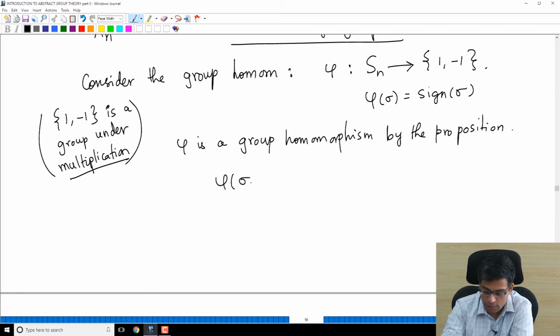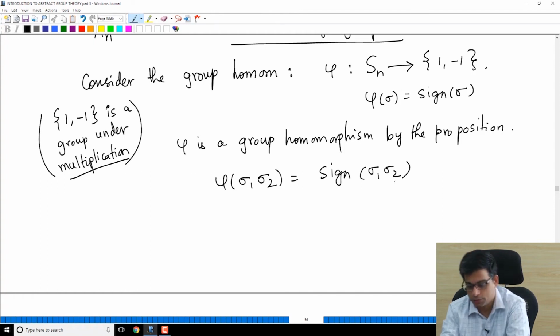Because phi of sigma 1 sigma 2, so almost by the proposition, actually we need to be careful. So what is sign of sigma 1 sigma 2? Which is another way of saying you write sigma as a product of transpositions and see how many there are. If it's odd, the sign is minus 1. If it's even, the sign is 1.